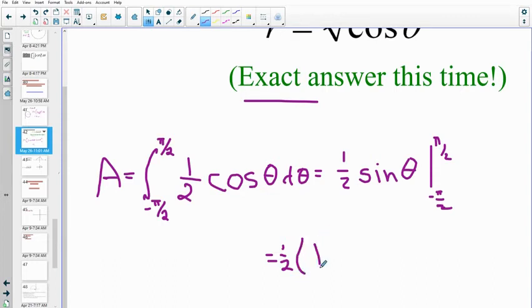Sine of pi over 2 is 1. Minus sine of negative pi over 2. Sine of negative pi over 2 is negative 1. And I've got 1/2 of 1 plus 1, which is 1. So the value of this integral is exactly 1.